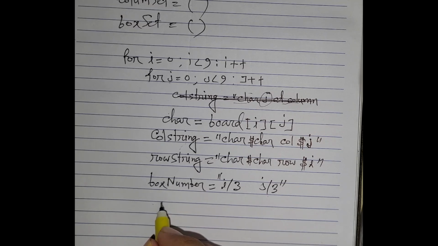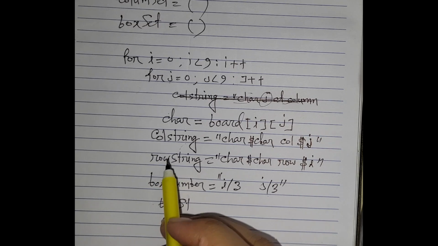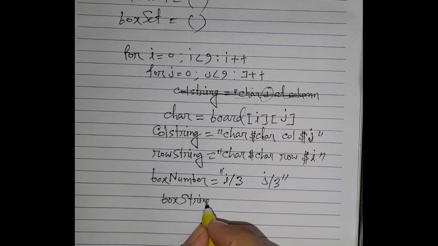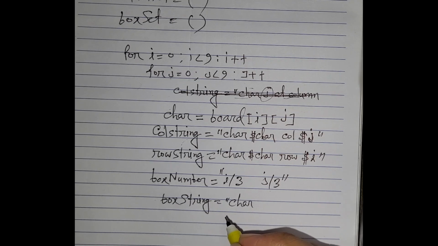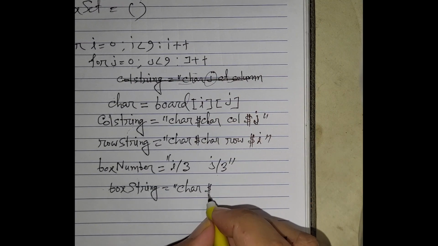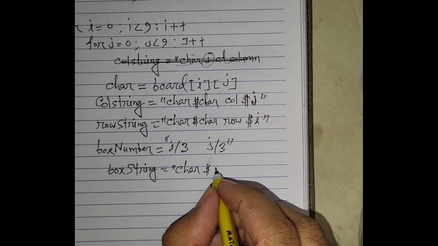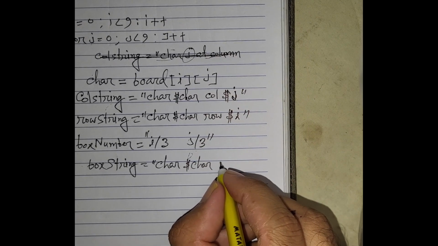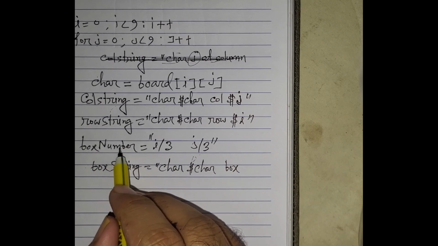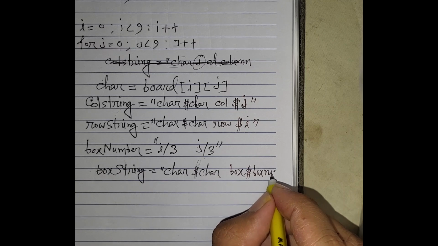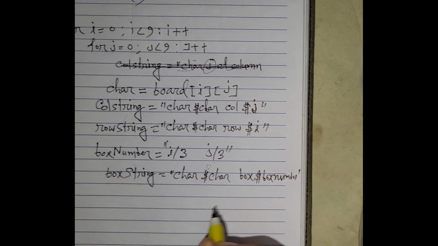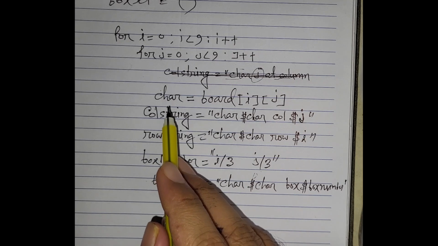I'll call it box string, just like I have done for column string and row string. I'll make another string: character is this character that we are getting right here, at box, what is the box number? This one. So box number. Okay.